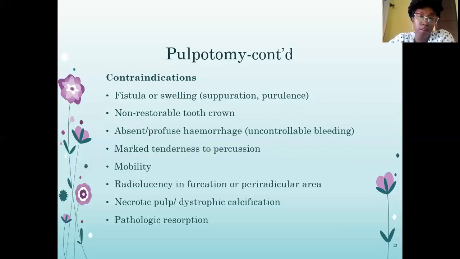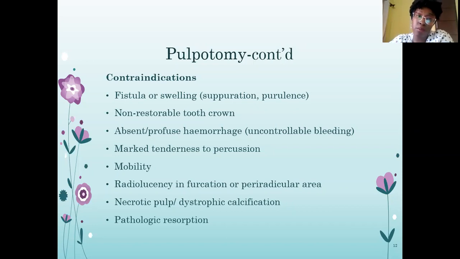So one, if you have a swelling, a fistula, any sort of suppuration, pus formation, a non-restorable tooth crown. We talk a lot about endodontics. Yes, a non-restorable tooth crown, you are really wasting your time and the child's time by trying to do a pulpotomy, because the tooth will fracture and then you end up having to extract roots.